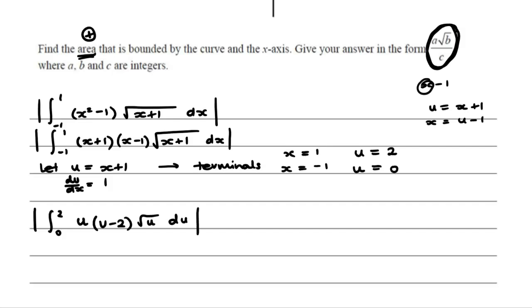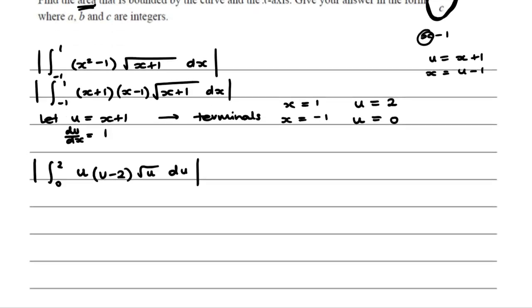Now you might be like, this looks as involved as we had before. We've actually simplified things. Because we've now got inside of that square root just one value, the square root of u instead of x plus 1, we can now use index laws to get this to be a basic polynomial. What do I mean by that? Let's put together this u and this square root of u, which of course is just u to the power of a half.